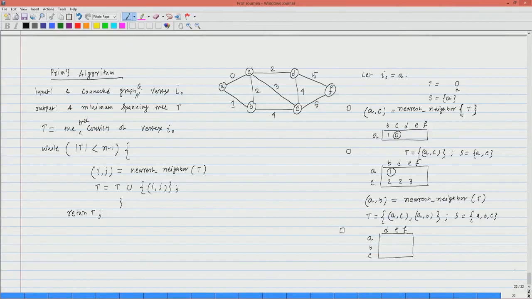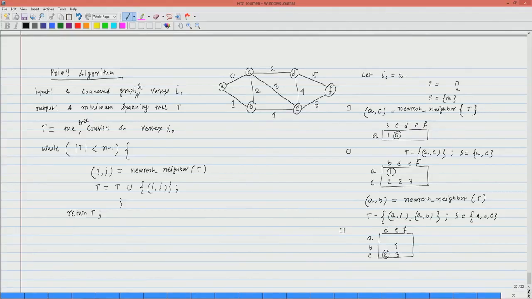A is not adjacent to B, E and F, B is adjacent to E and the weight is 4. Similarly, C is adjacent to D and the weight is 2, and C is adjacent to E and the weight is 3, and the minimum one is this one.